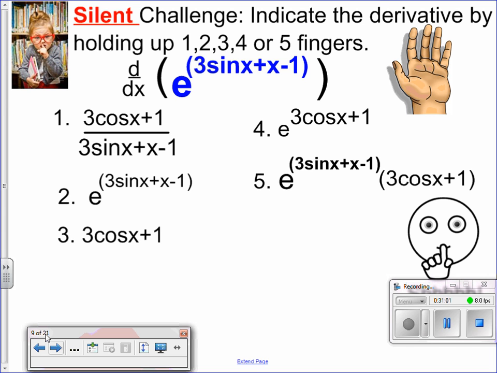Okay, a couple of people weren't quite sure. 3 sine x, that's just 3 cosine x. You don't need to use a product rule when the first factor is a constant, right?